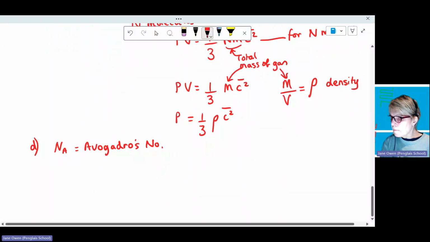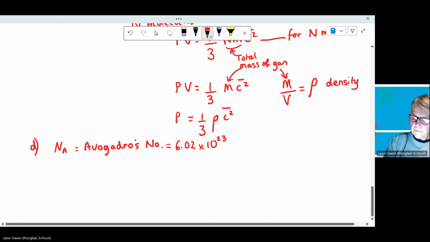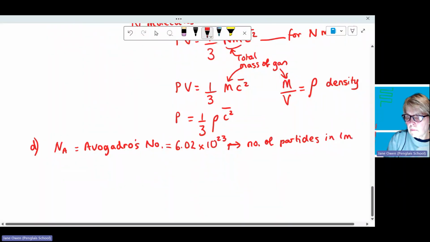It's the number 6.02 times 10 to the 23. That's the actual number. And it's the number of particles, atoms, or nuclei that are in 1 mole of gas.